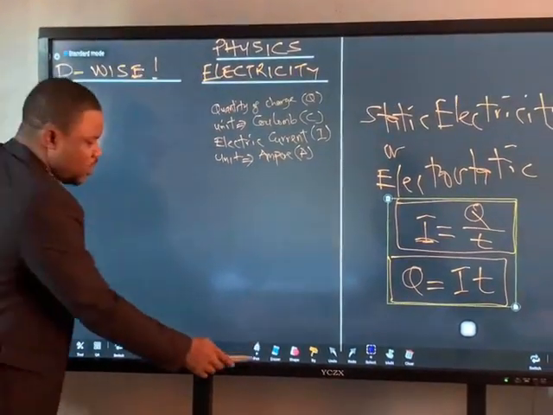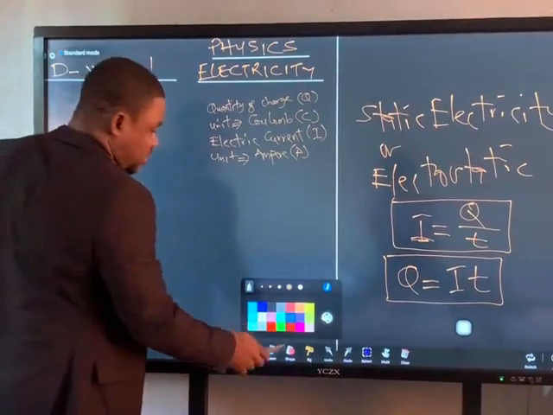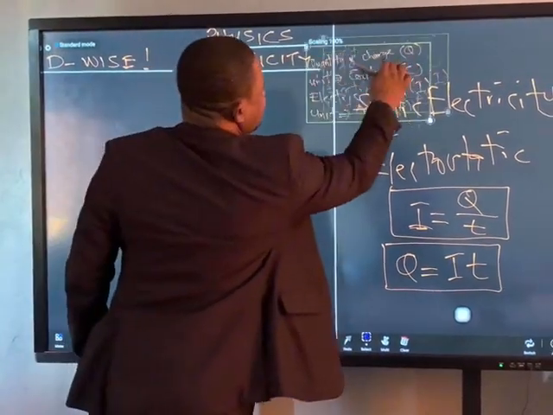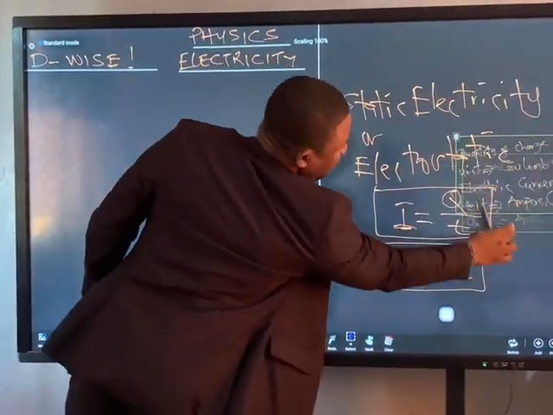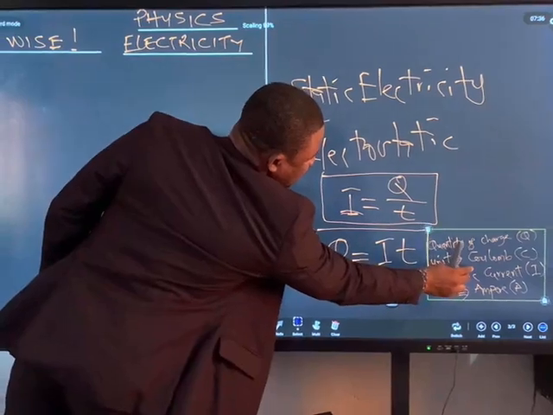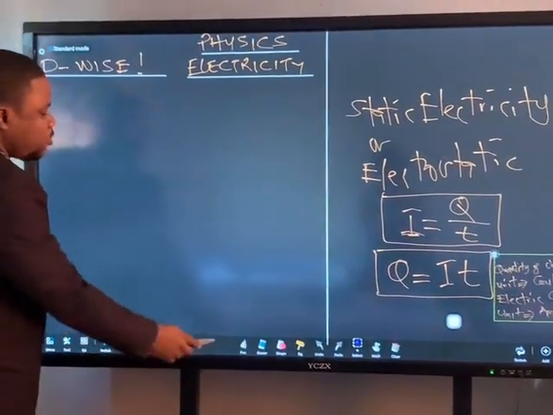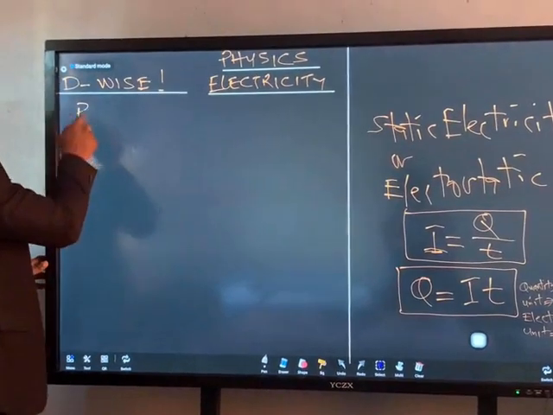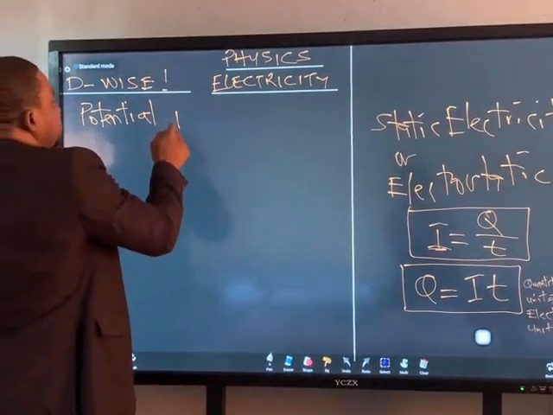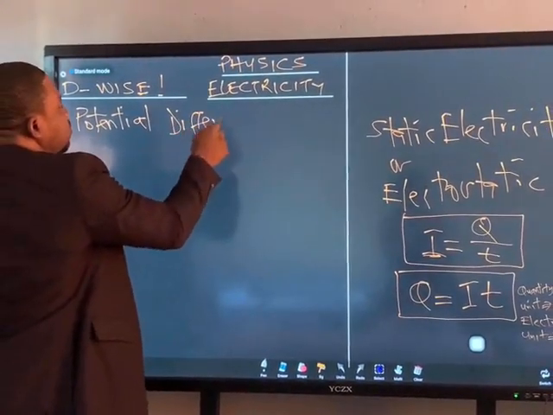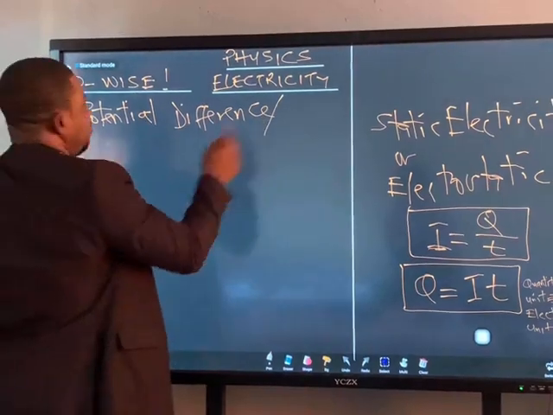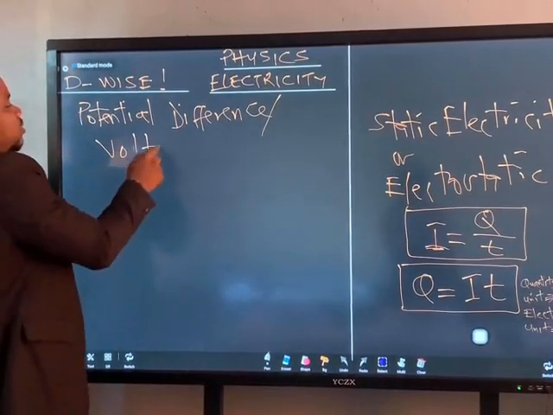Alright? The next I want to talk about is potential difference. What is potential difference? Another word for potential difference is voltage.